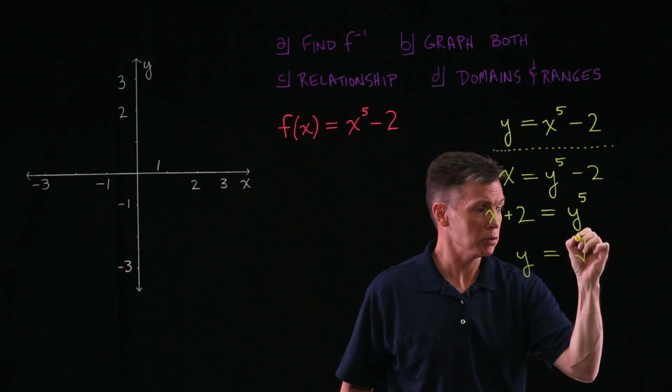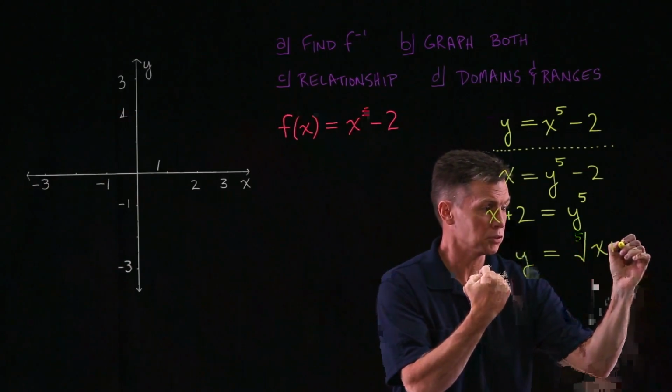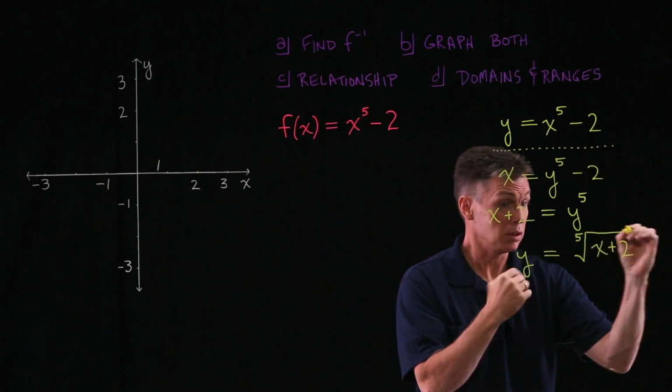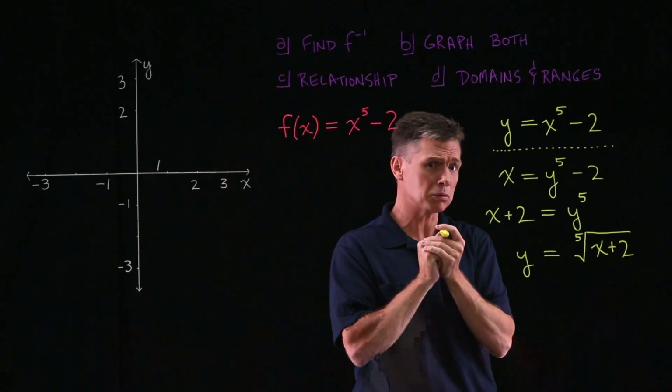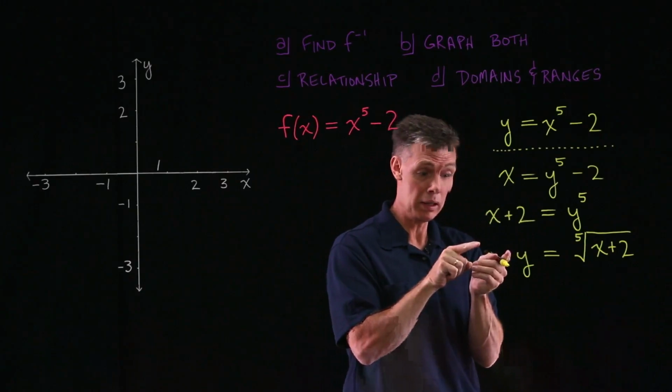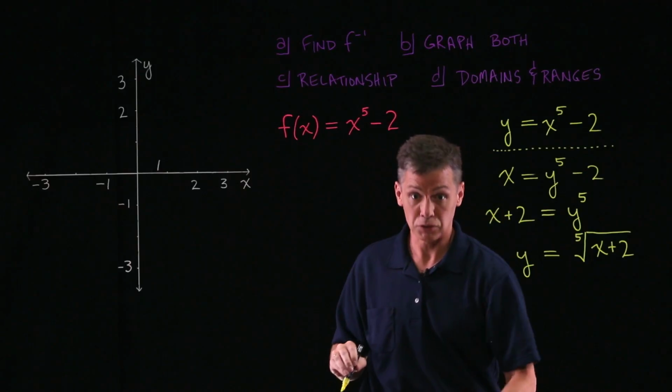If I take the fifth root of that left-hand side, there's just x plus 2. There is not a plus or minus. I know there's a radical involved, but that's only square roots, fourth roots, even-powered roots. So that's my y equals. I was able to do it, no problems, algebraically, which means that's my inverse.